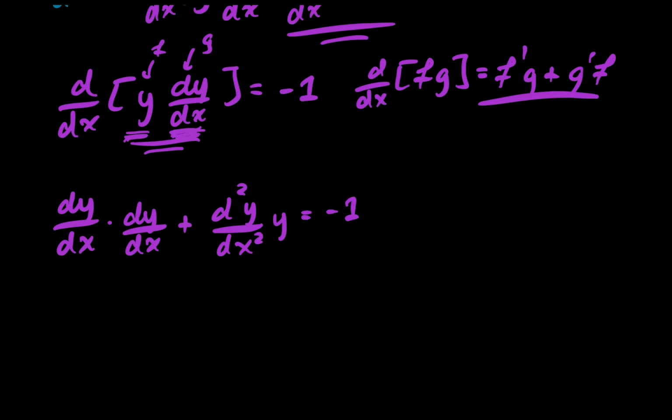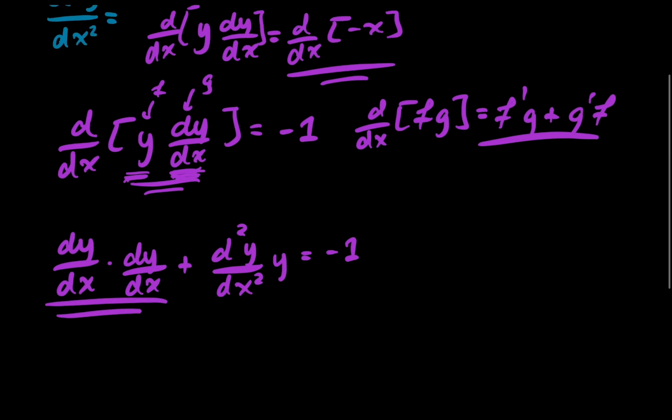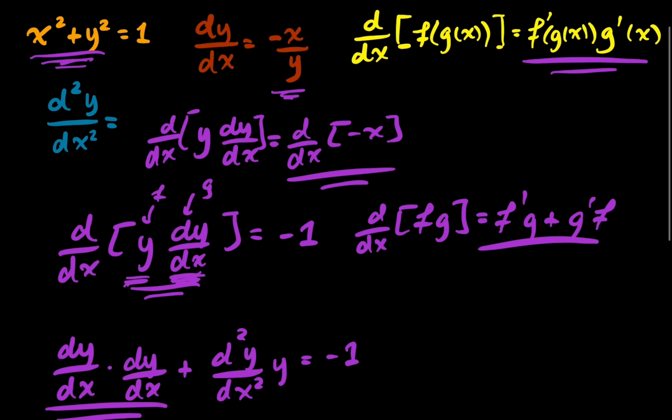Now we have dy by dx in our expression. But in the previous video, we determined that dy by dx is equal to negative x over y. So we can input negative x over y in place of dy by dx to simplify our work.